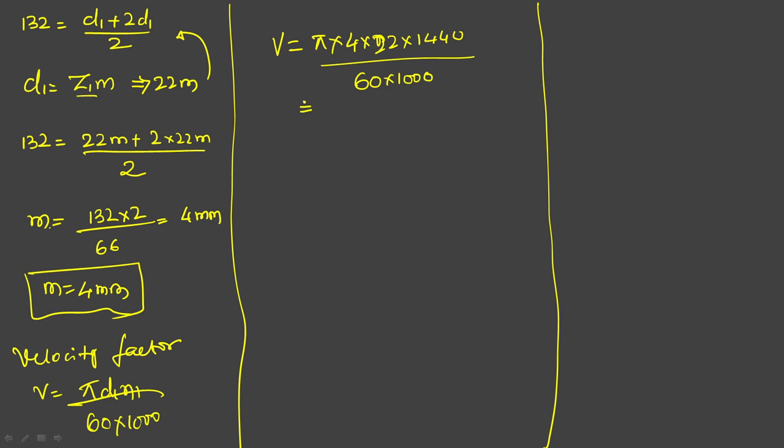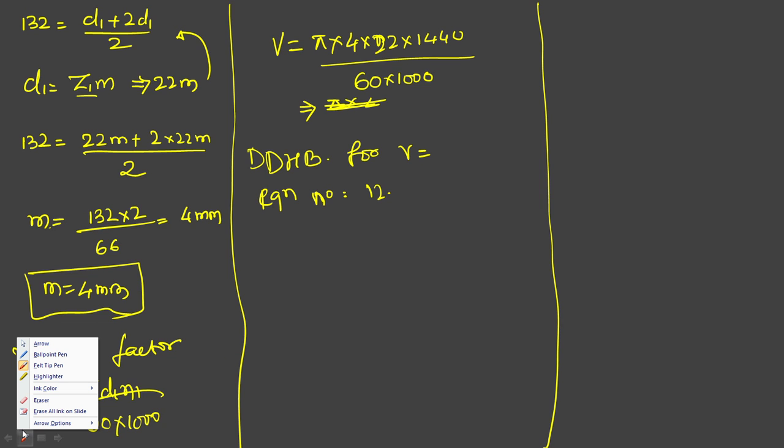Now find out how much velocity we are going to get. So now referring to the design data book, for velocity, refer to equation number 12 point something. Now you find out how much velocity you are going to get here.